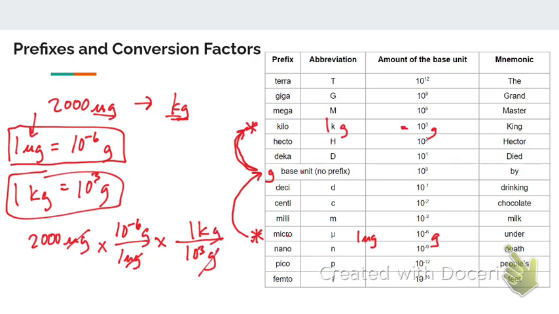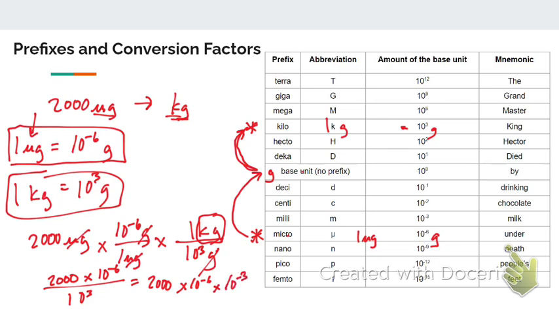Now if I cross cancel, again, what are my remaining units? It's kilograms, which is what I want. So let's multiply this all out. I'll have 2,000 times 10 to the negative 6 all over 10 to the third. That would be equal to 2,000 times 10 to the negative 6 times 10 to the negative third.